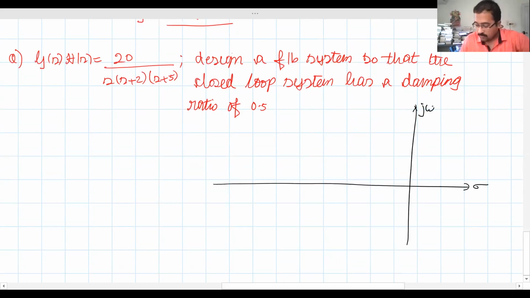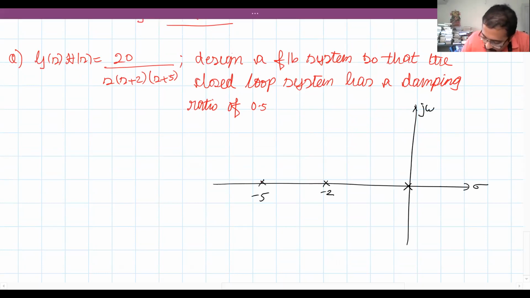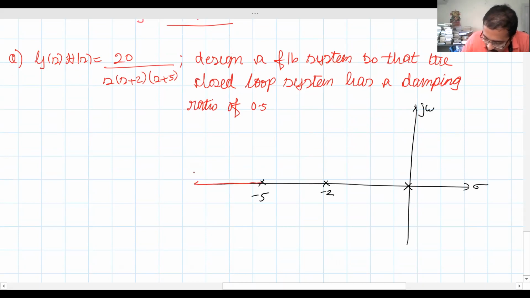Now there's an open loop pole at s equal to 0, then at s equal to minus 2, and one at minus 5. So what will be the root locus shape here? One will be starting from here to minus infinity. One will start from here and another one will start from here. So it will be something like this.